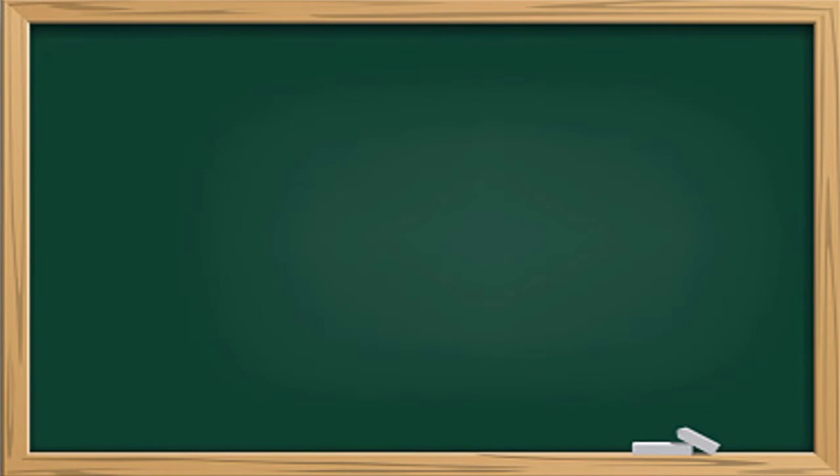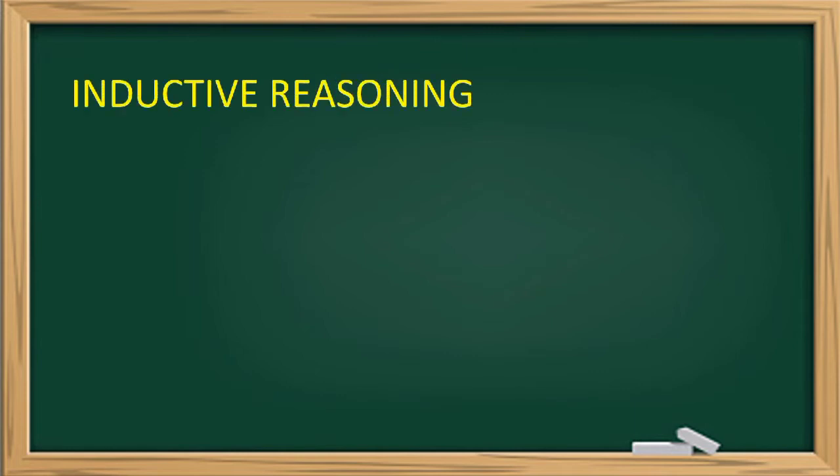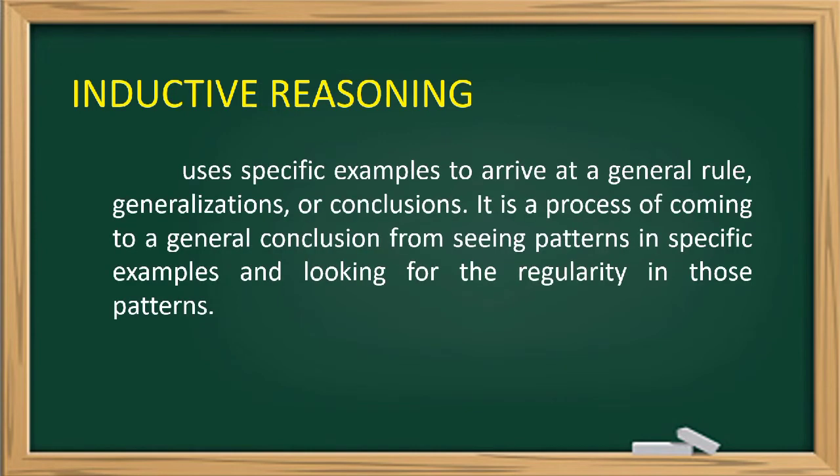Mathematical reasoning is a critical thinking skill that enables someone to make use of all other skills in mathematics. There are two common types of reasoning, which are inductive and deductive reasoning. Let's have first inductive reasoning. Inductive reasoning uses specific examples to arrive at a general rule, generalization, or conclusion.